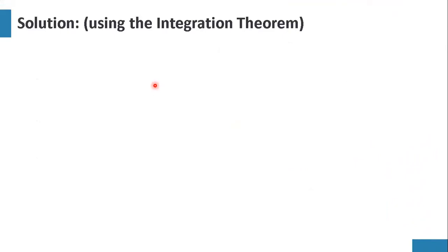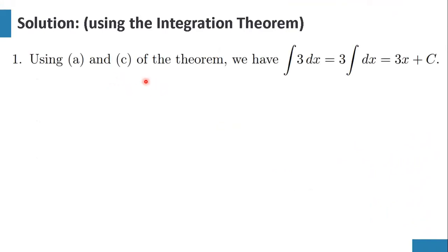Using the integration theorems, we need to take note of the four theorems and which theorem we are applying. For number 1, using theorem A and C, we have the integration of 3 dx, which is equal to, look at the constant 3, we place it outside the integral symbol, so that's equal to 3 times the integration of dx, which is equal to 3x plus c.